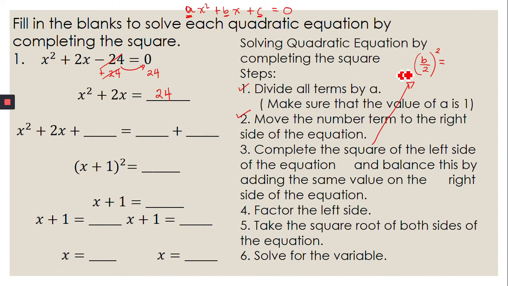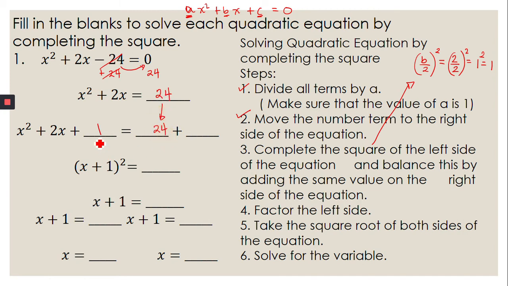So what is our b? Your b is 2, so this is 2 over 2 squared. 2 over 2 is 1, squared. 1 squared is 1. So this is 1. That's how you do it. Now what about the right side? We know that this is already 24.